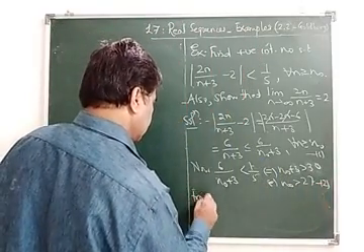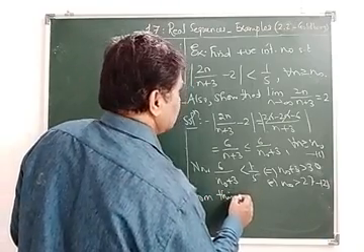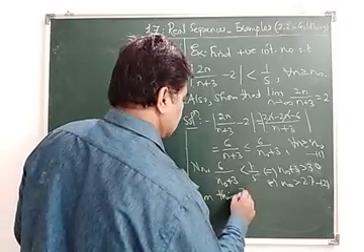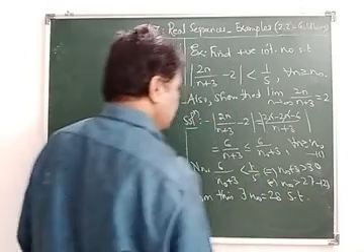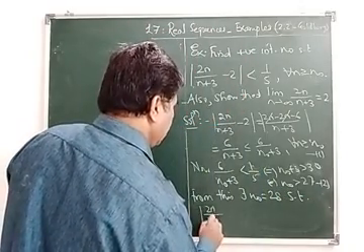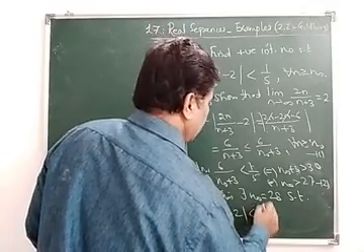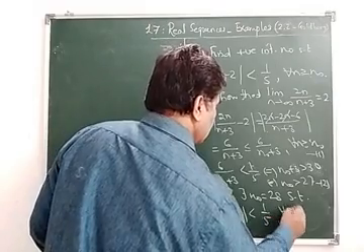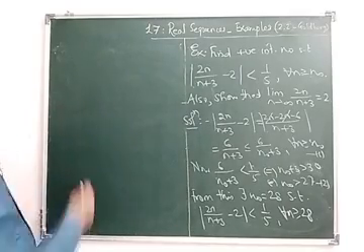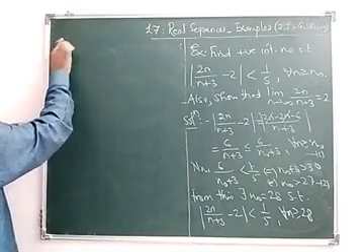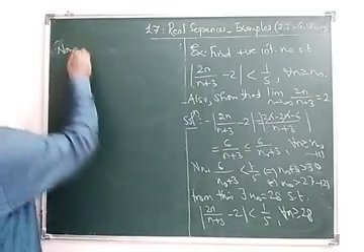So from this there exists n naught equal to 28 such that mod of 2n upon n plus 3 minus 2 is less than 1 by 5 for every n greater than or equal to 28.